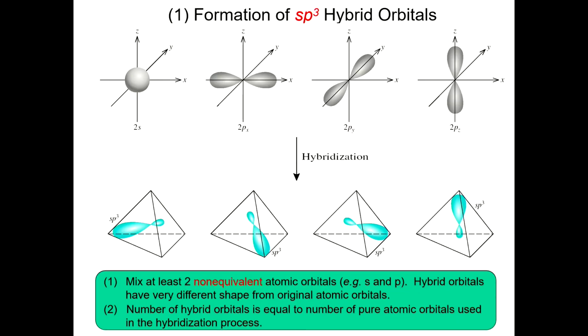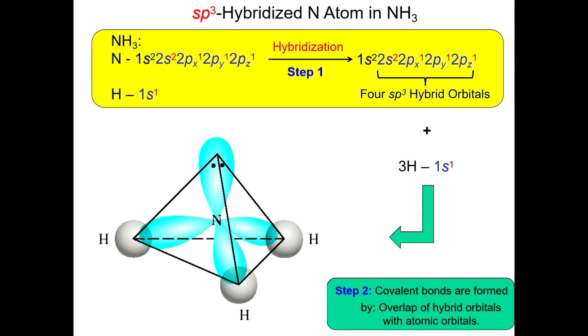We know these 1, 2, 3, 4 sp3 hybrid orbitals, if we combine them together, they will be like this, right? These 4 sp3 hybrid orbitals are shaped like this. So for now, the first step, we get 4 sp3 hybrid orbitals.